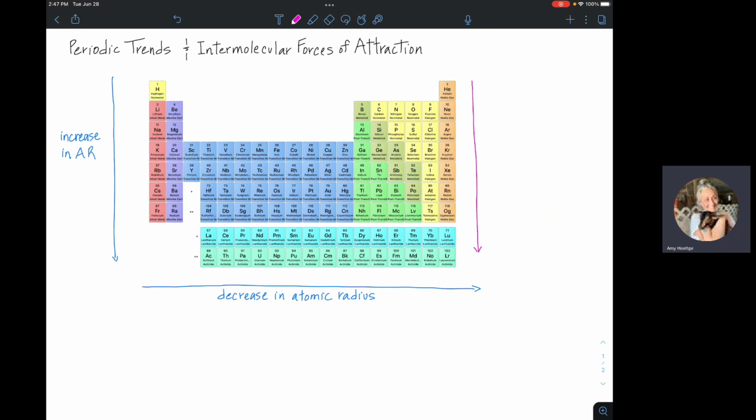We're going to notice that we have a decrease in the electronegativity as we go down a group, or in other words, there'll be an increase as you go up a group.